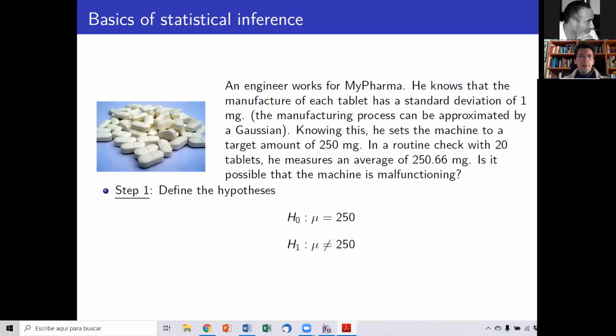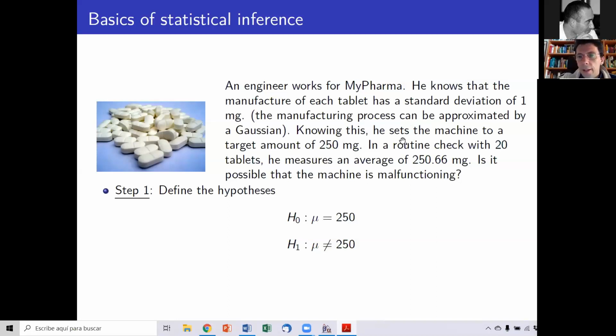Okay, so let's say that you're an engineer working for a pharmaceutical company, and you are in charge of the machine that puts the drug into the tablets. And you know that you should put a target amount of 250 milligrams, and the manufacturing process has a standard deviation of 1 milligram. This is just to put this in numbers.